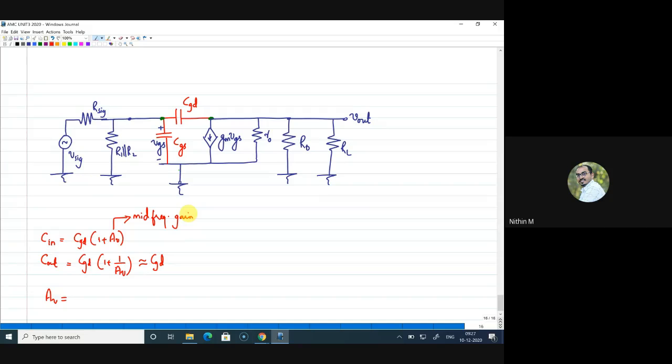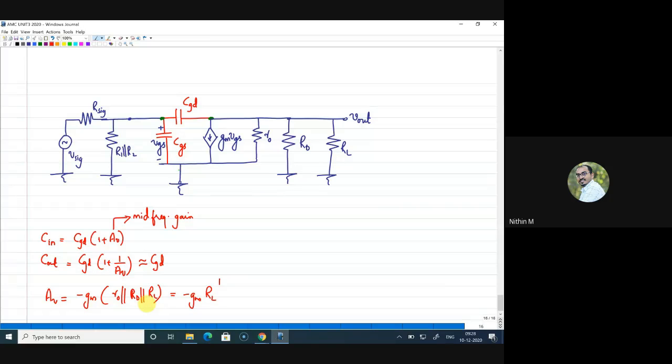Karthik, I hope you also had the same answer, right? Minus Gm into R naught parallel Rd parallel RL, that is right. Or in short, I can just write this as minus Gm into RL dash. I am putting this for ease, otherwise I need to write this again and again. So R naught parallel Rd parallel RL is considered as just RL dash.